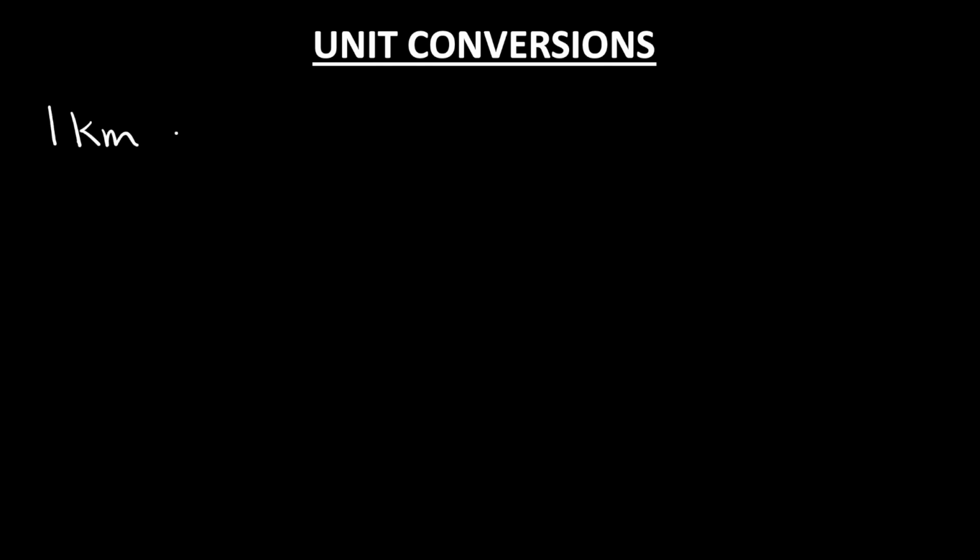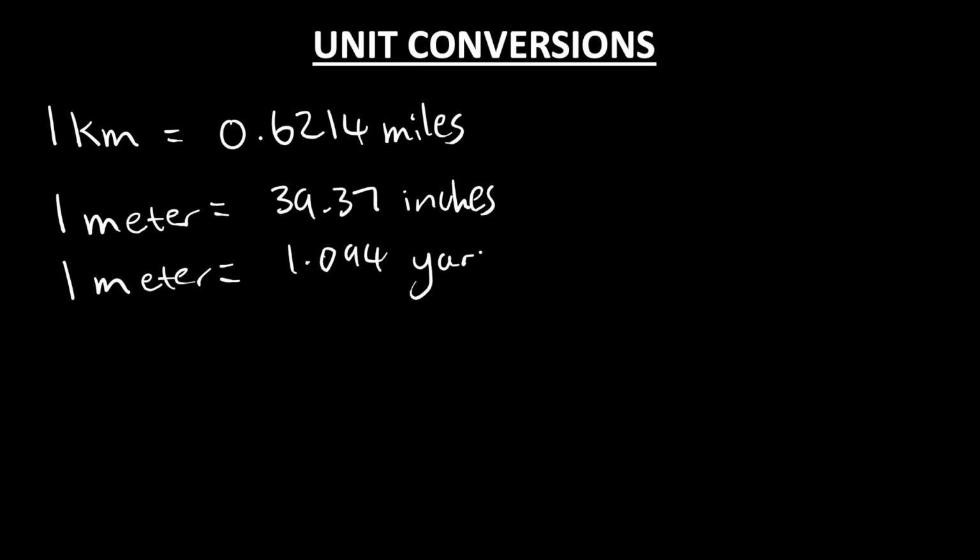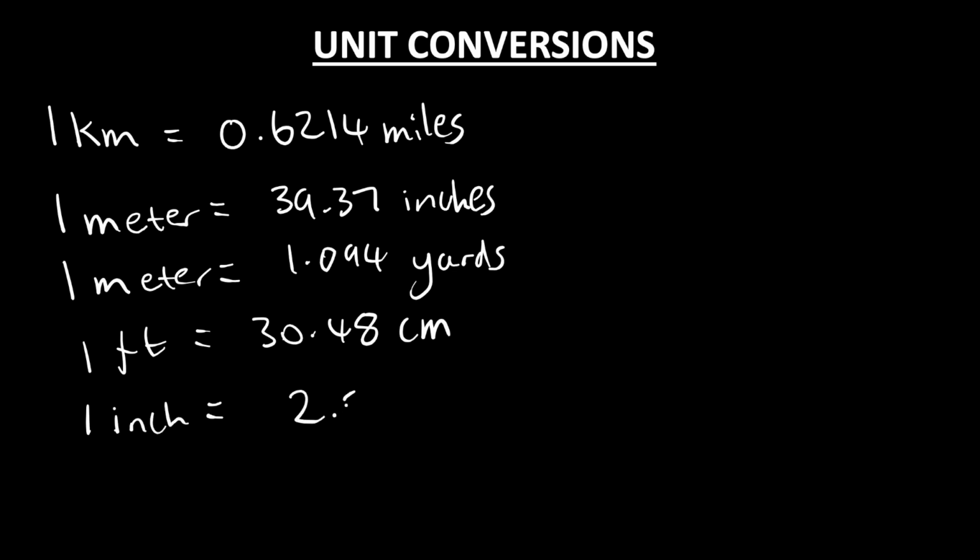Firstly, you have to know that 1 kilometer equals 0.6214 miles. 1 meter equals 39.37 inches. 1 meter also equals 1.094 yards. Now 1 foot equals 30.48 centimeters, and 1 inch equals 2.54 centimeters.